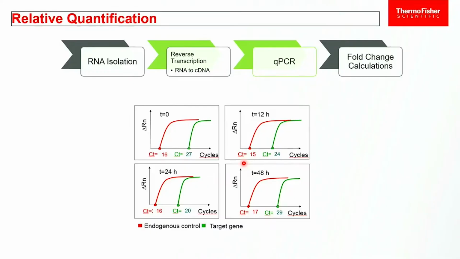So we had the four components, and they're represented here. Target gene in green, endogenous control in red. For every sample I have, I'm going to compare those two. And then I have my time 0, 12 hours, 24, and 48. Those are the metrics of 4: time 0 versus unknown, target gene, control gene.